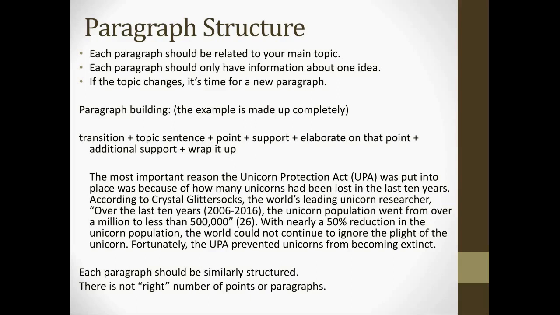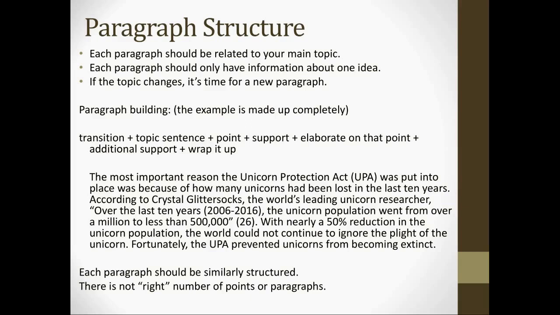So, here we see a paragraph that builds into our main topic. We'll say the most important reason the Unicorn Protection Act, it's spelled out with the abbreviation in parentheses, so now I'm free to say UPA throughout the rest of the paper, was put into place because of how many unicorns had been lost in the last 10 years.